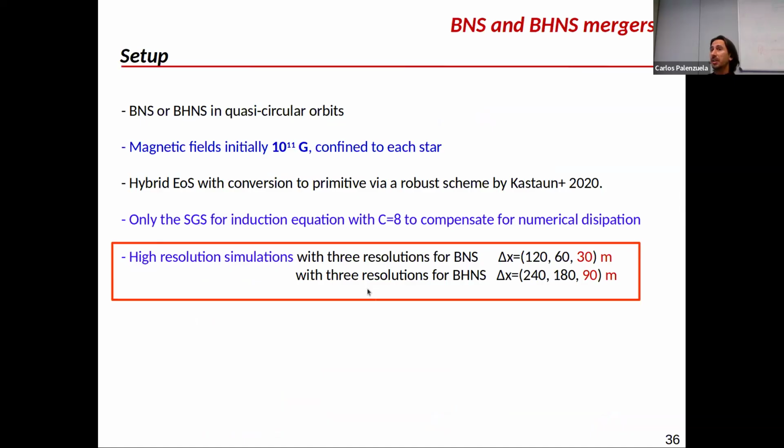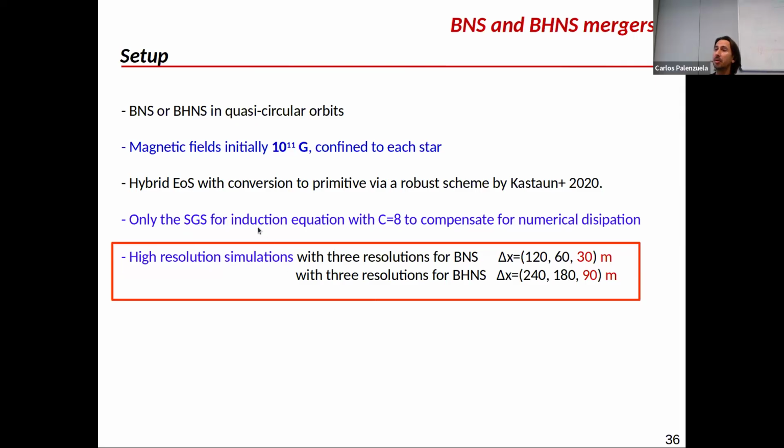Well, first we start with one of these binaries in quasi-circular orbits, where we don't start with a strong magnetic field, but with something more realistic, 10 to the 11 Gauss, confined inside the star. Here we were using the hybrid EOS with the conversion to primitive variables via the RePrimAnd developed by Kastaun.